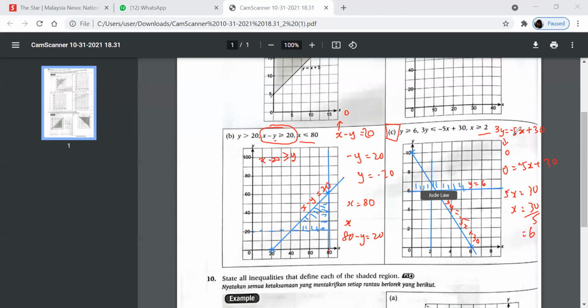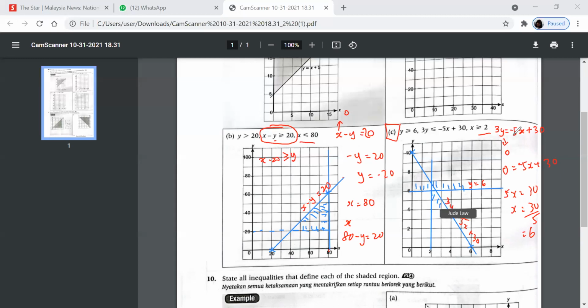Okay, and then for this one, y is less than negative 5x plus 30.